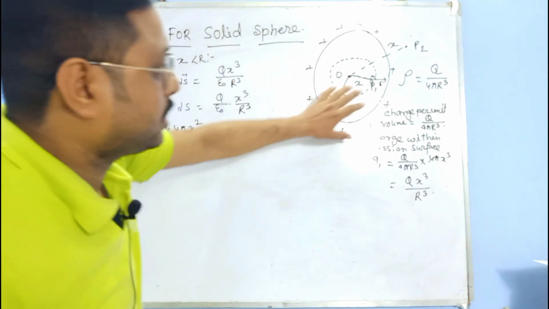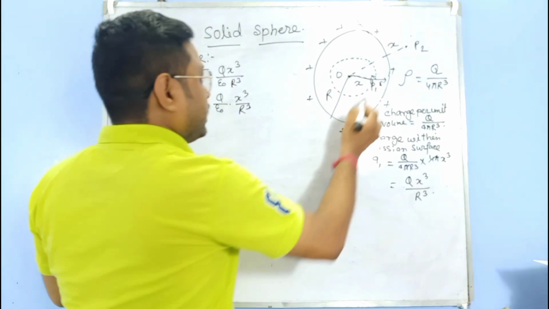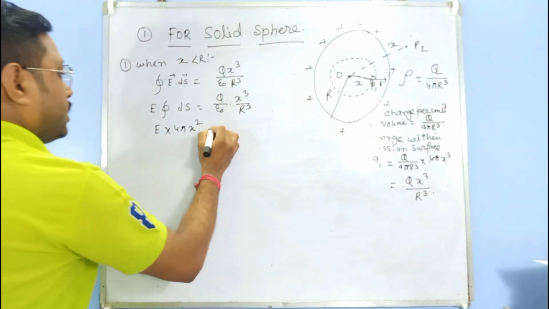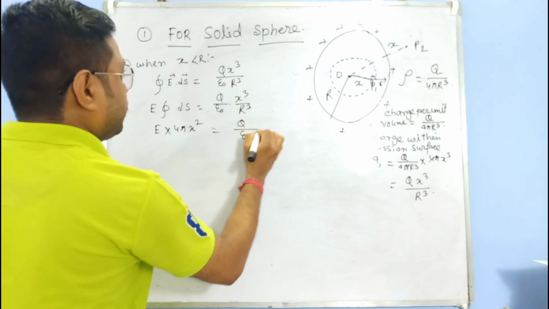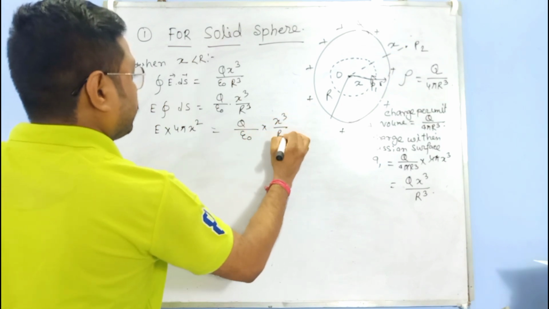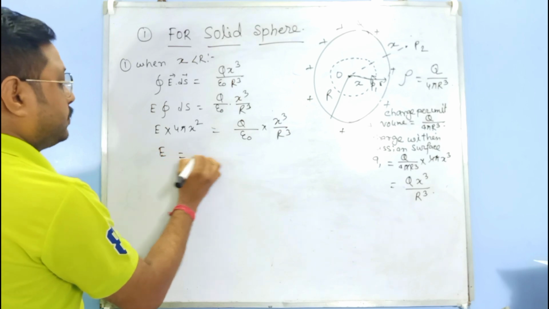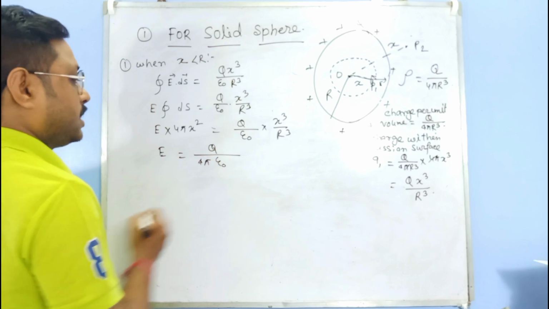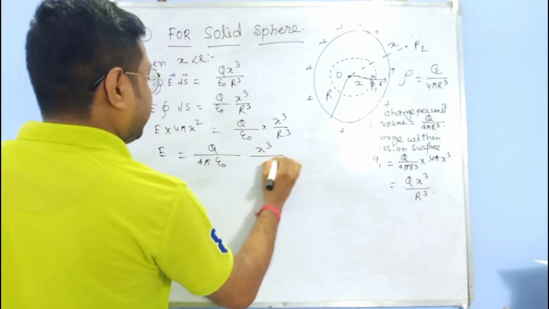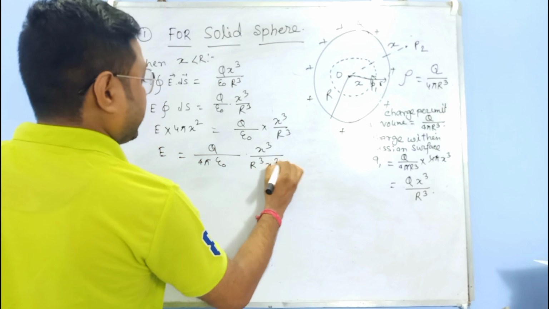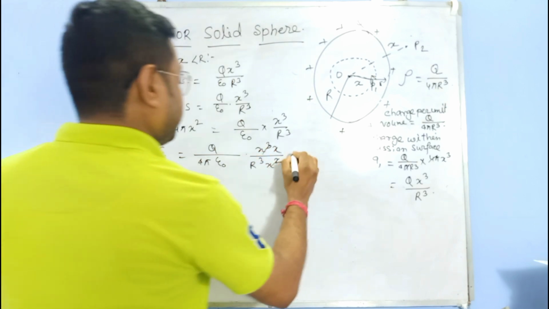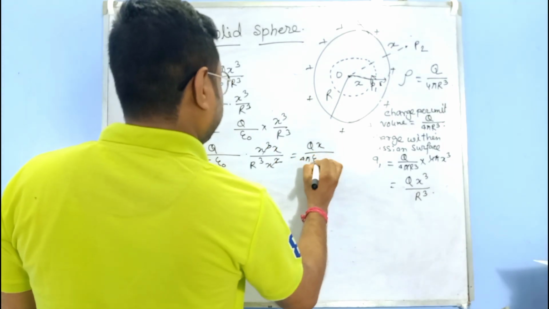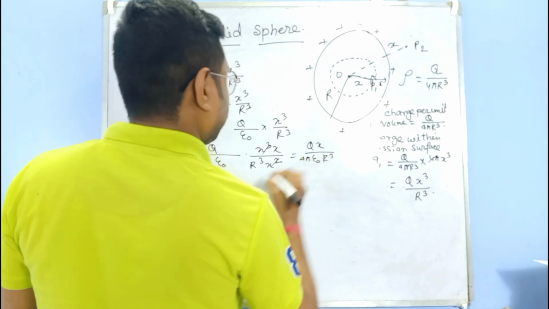Look here, not 4 pi r square, as the Gaussian surface has radius x, so it is written as 4 pi x square, equal to Q by epsilon naught multiplied by x cube by r cube. So E equals Q by 4 pi epsilon naught times x cube divided by r cube x square. x cancels, so we get Qx by 4 pi epsilon naught r cube.